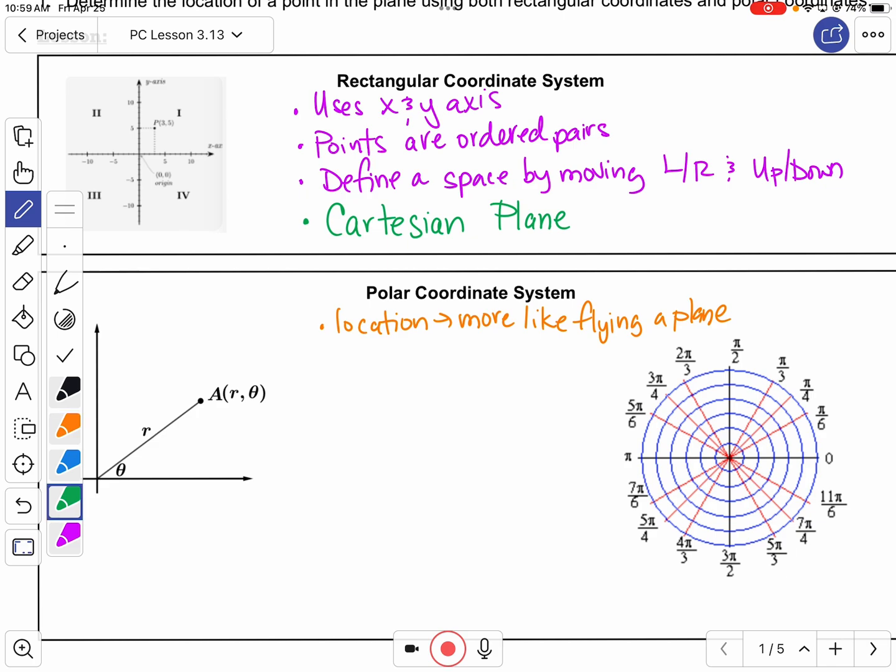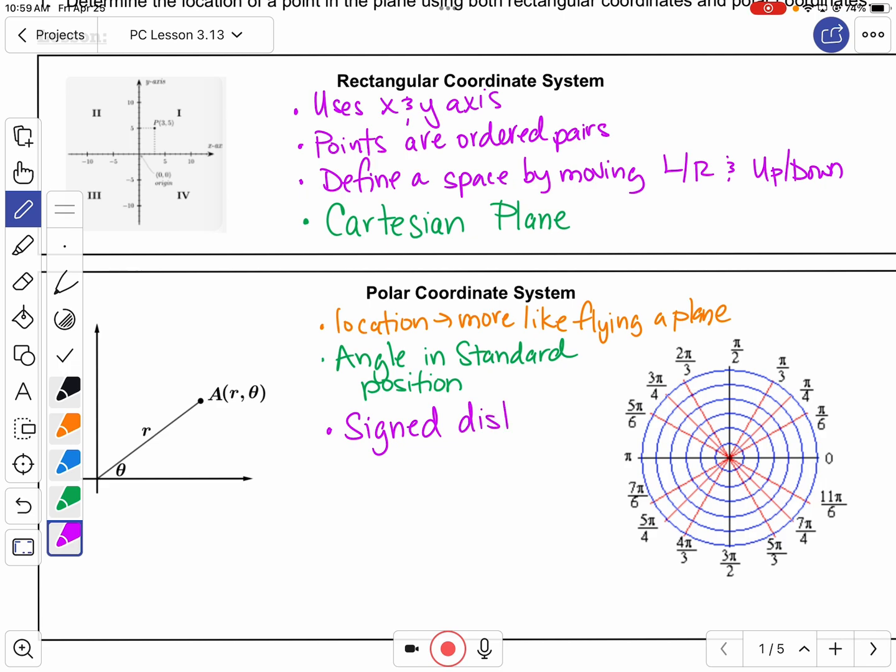We're always going to have an angle in standard position, meaning it comes from the origin. And then we're going to have what's known as a signed, S-I-G-N, so positive or negative, distance from the origin.